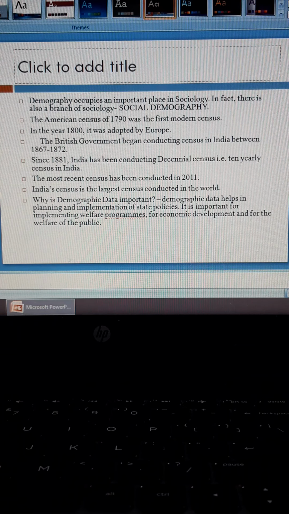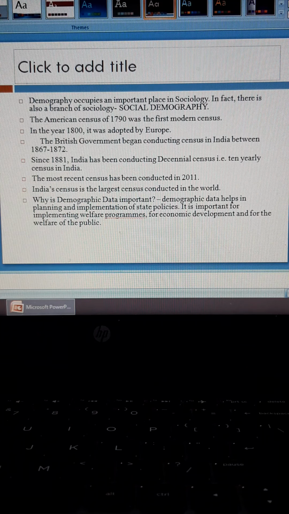India's census is the largest census conducted in the world, because India's population is the second largest. China's is the first, but they do not regularly conduct census. So the largest census conducted in the world is that of India.